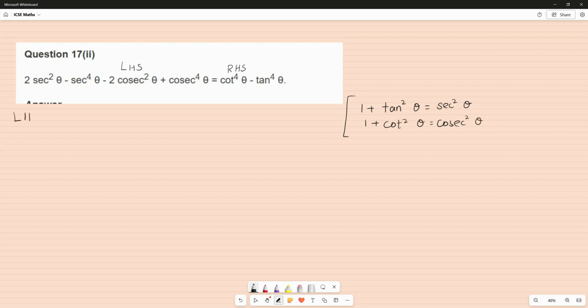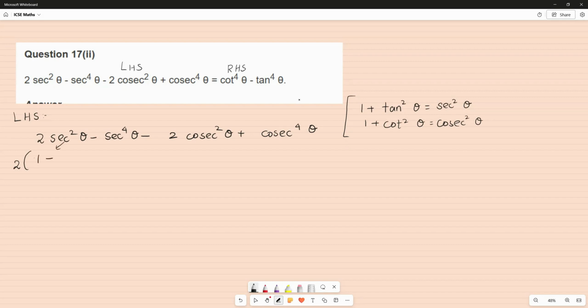So we are going to take the LHS first. We are going to write everything in terms of tan and cot in the left hand side. So first we will write this secant power 4 theta. Please see the sum properly and write. Secant square theta is what? 1 plus tan square theta, right?